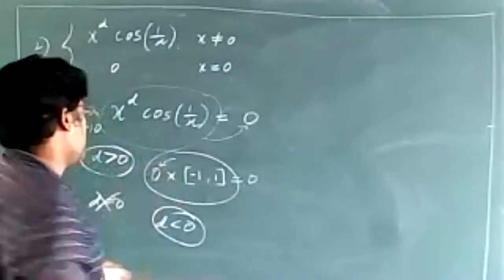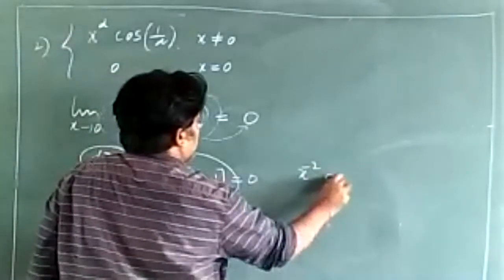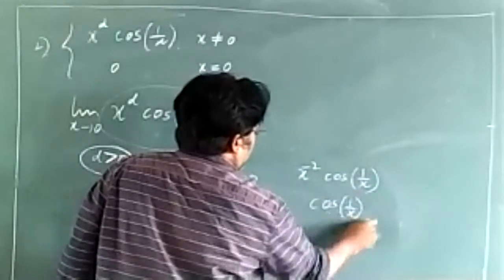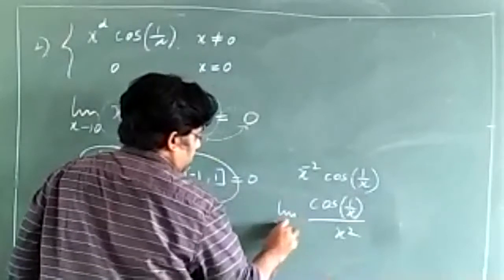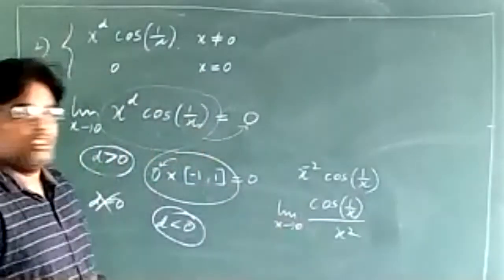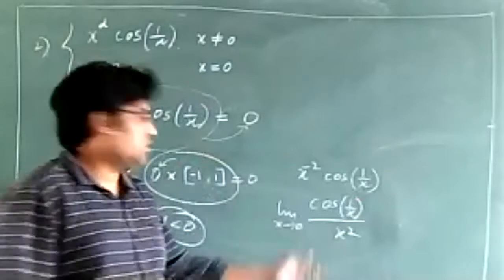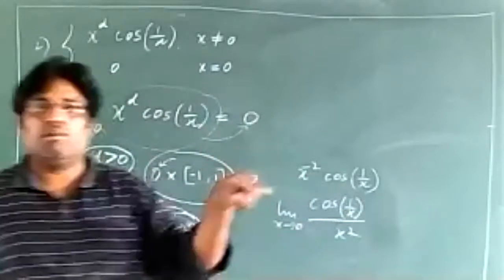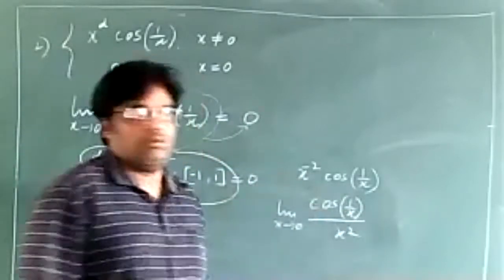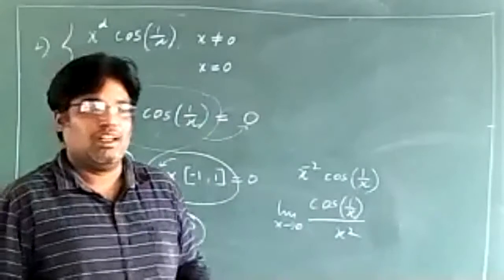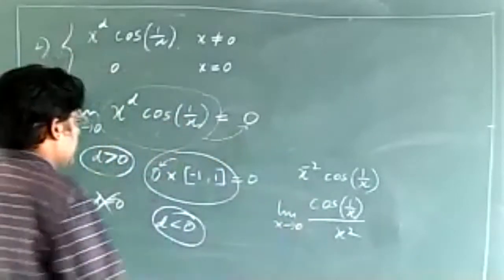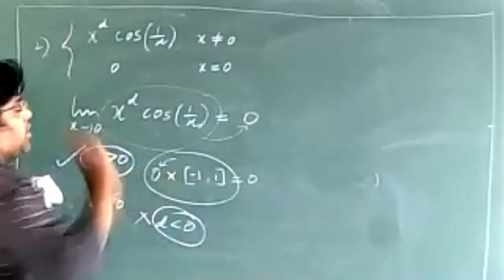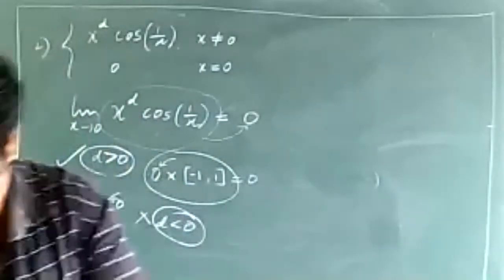Then what happens? x to the power of minus 2 into cos of 1 by x, this will be cos of 1 by x divided by x square, limit x tends to 0. This value cannot be equal to 0, because it is cos 1 by 0, cos infinity lies between minus 1 to 1, divided by 0, it becomes infinity. So it equals 0 only when alpha is greater than 0. Clear, so the option will be the second option.